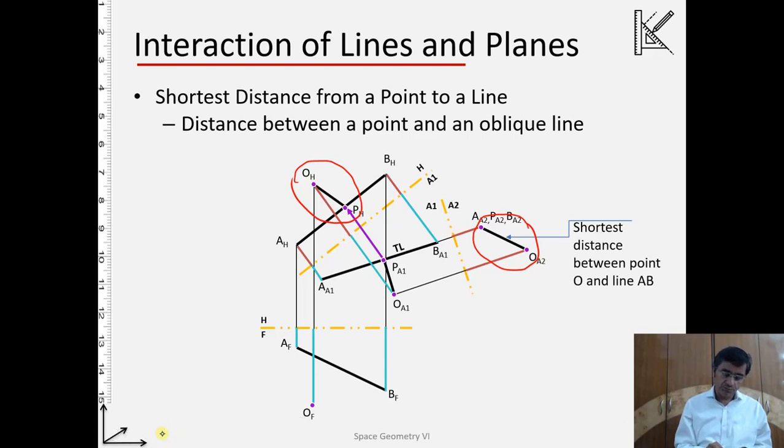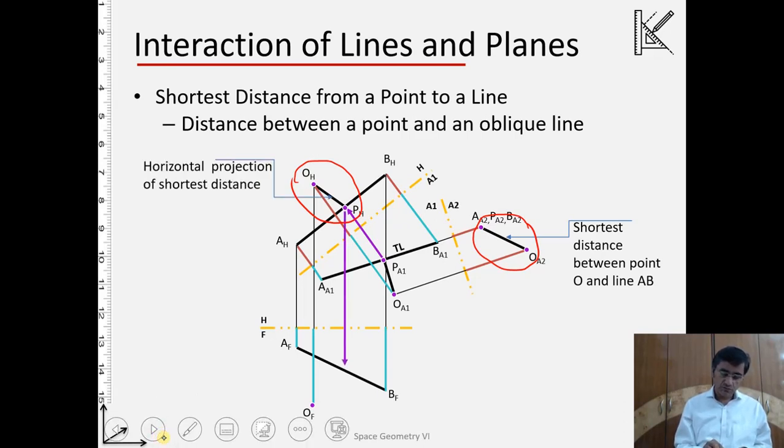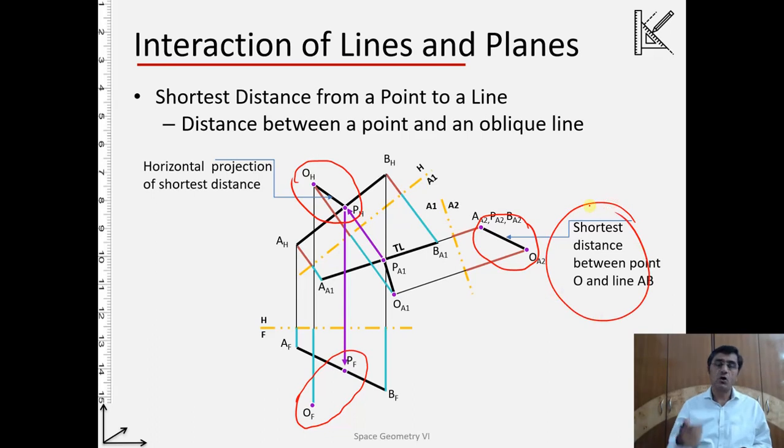Similarly, the point P can be brought to the frontal plane. So we have PF. Once we have PF here, again I can join these two. That will give me the projection of the shortest distance on the frontal. So that's the projection onto the frontal.